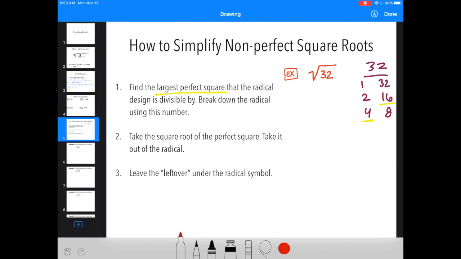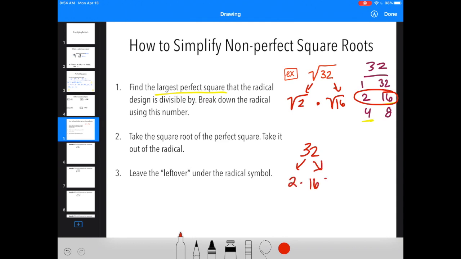Okay, hang with me for a second. Let me change my color back. Okay, so I'm going to use this set right here, 2 and 16. And I'm going to break up this radical into 2 radicals. So I will have a radical of 2, and I will have a radical of 16. And I'm going to put a multiplication sign in the middle. It's kind of the same as if I just had 32 normally and I divided it up.